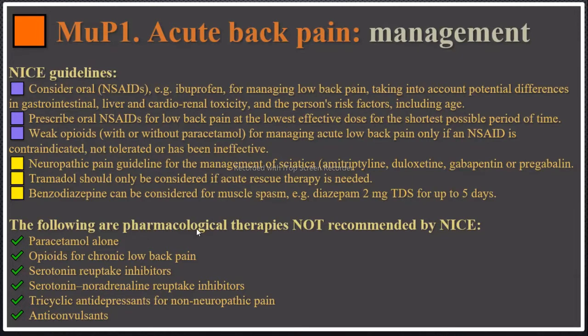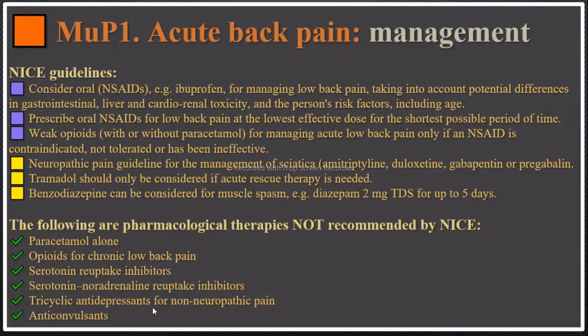The following are pharmacological therapies not recommended by NICE. So if you find paracetamol alone in the scenario, don't choose. If you find the patient has chronic low back pain, don't choose opioid. If you find serotonin reuptake inhibitor, don't choose. If you find serotonin noradrenaline reuptake inhibitor, don't choose.